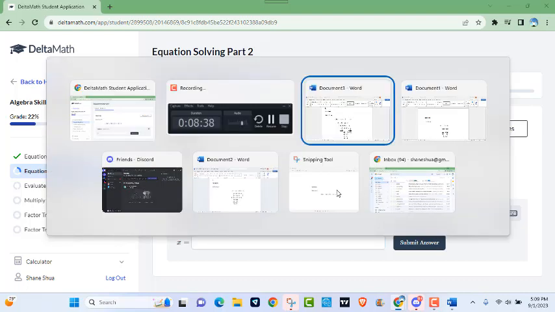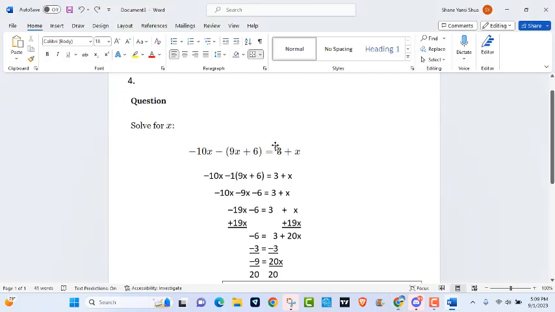Okay, so here's the question. Now, notice we have a minus sign or negative sign outside of parentheses. Anytime you have a negative sign outside of a parentheses, treat that minus sign as if it is a negative 1 and distribute it to the parentheses.